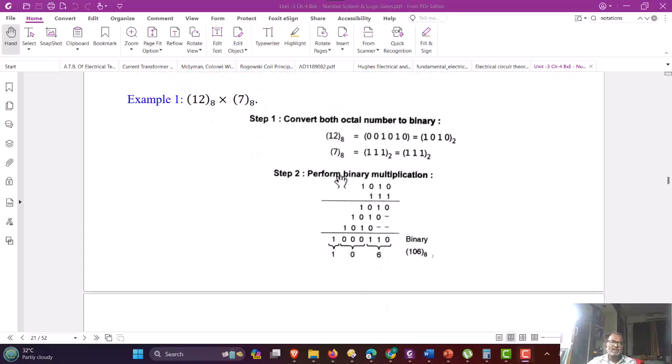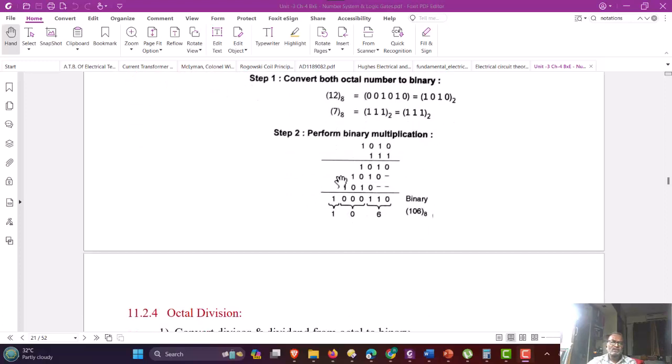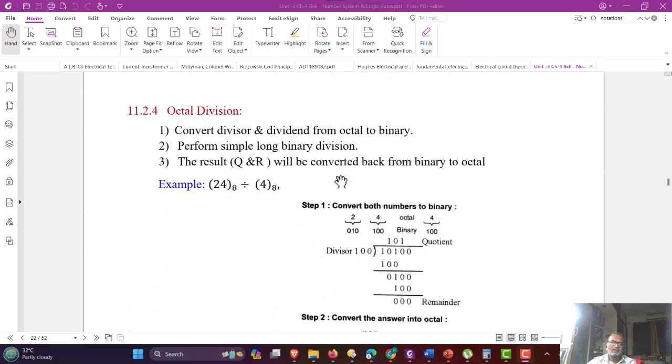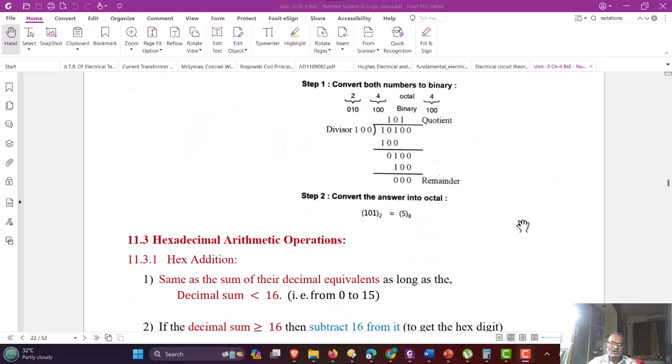So the student can do the multiplication accordingly. Octal division, on similar grounds: we first convert the dividend and divisor from octal to binary, then perform binary long division, and then the result, that is the quotient and remainder, will be converted back to octal.